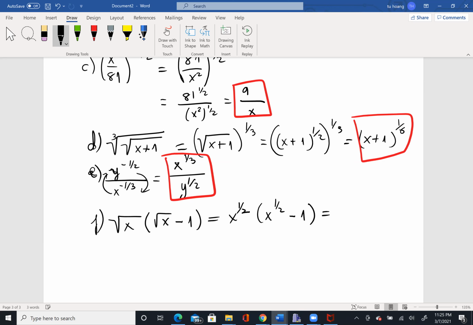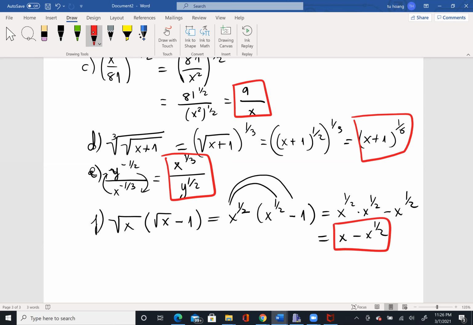That will give me, using the distribution rule, x to the power 1/2 times x to the power 1/2 minus x to the power 1/2. And lastly, you will have x power 1/2 times x power 1/2 will be x power 1 minus x power 1/2. That's the answer. Okay.